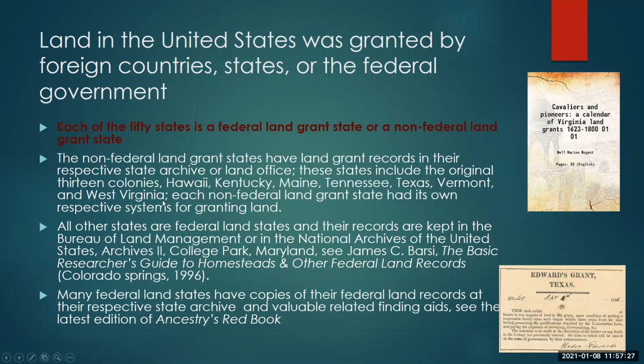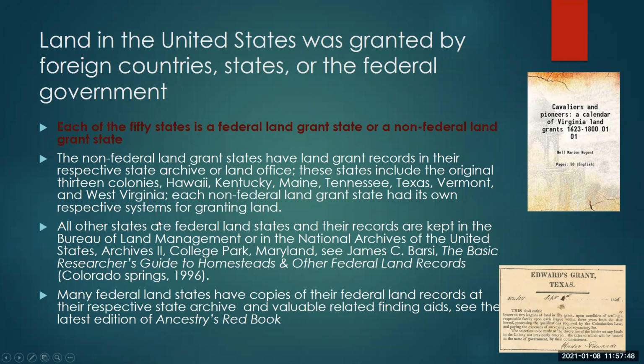Okay, now the states that are not federal land states and will not be discussed in this session are the original 13 colonies, Hawaii, Kentucky, Maine, Tennessee, Texas, Vermont, and West Virginia.